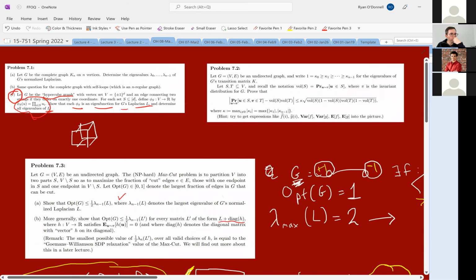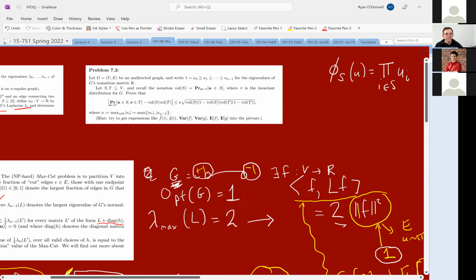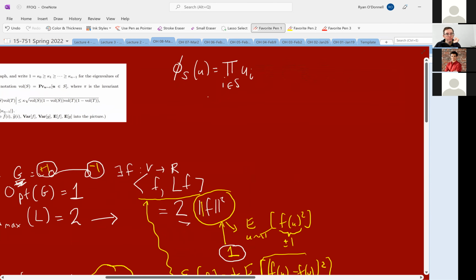And that helped a lot for the first two parts. So I was trying to do that on this part, and if you do that, you get that L times phi sub S is the sum of phi sub S of U times the U-th column of L.